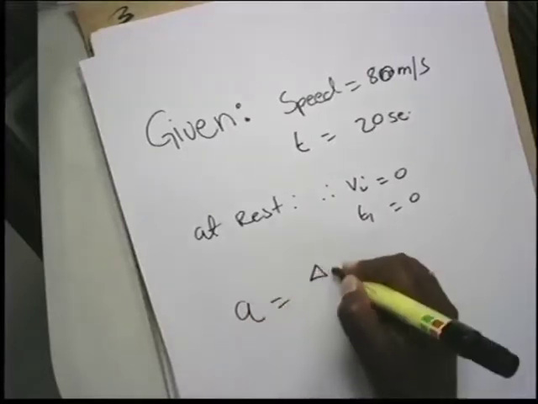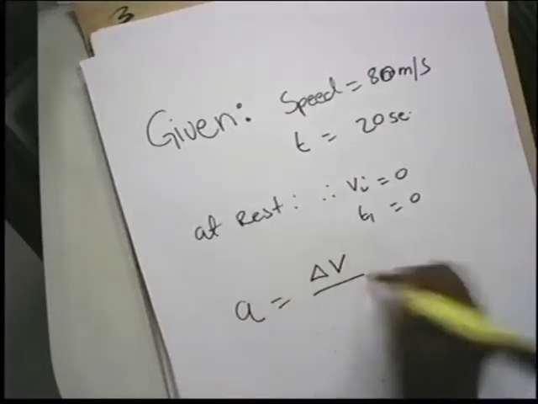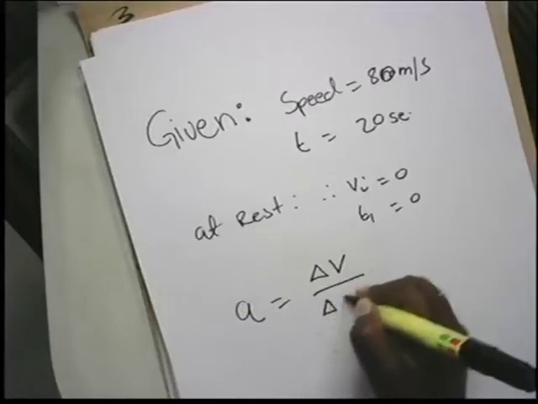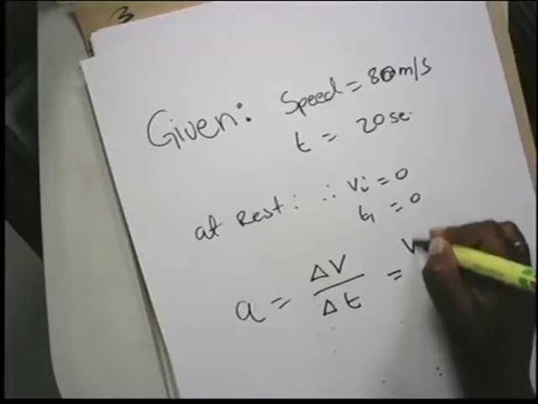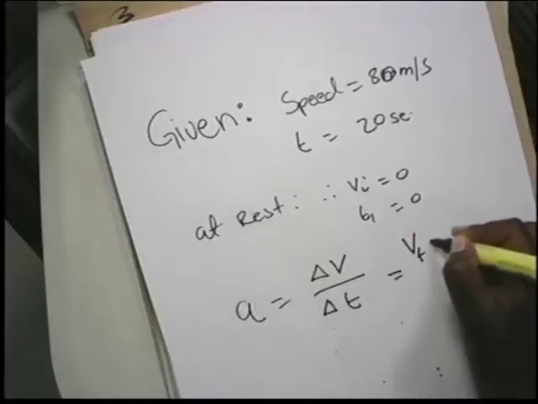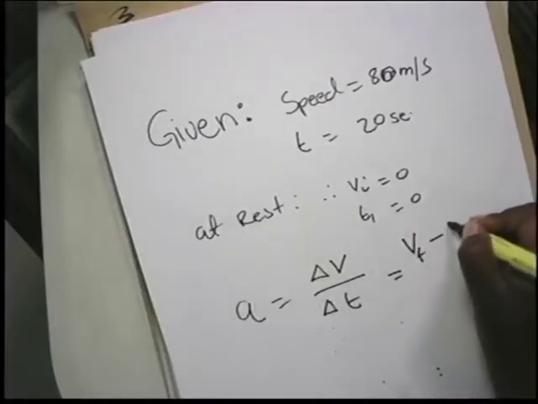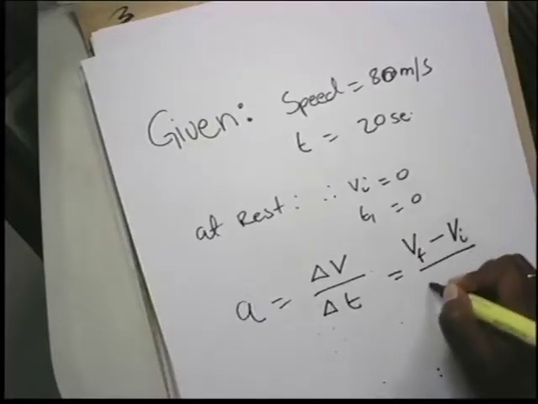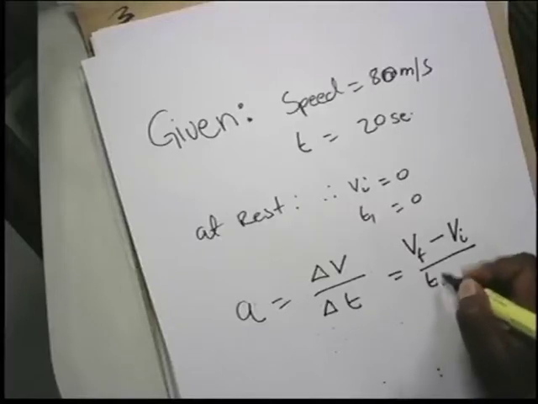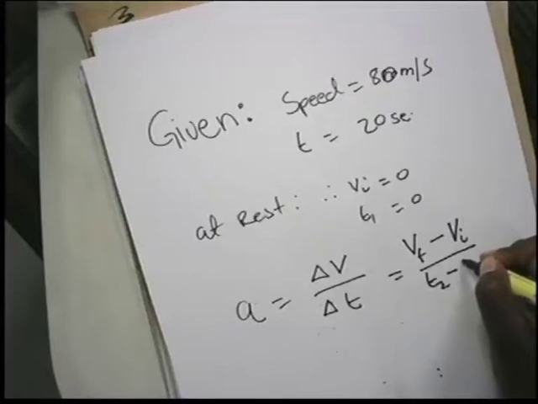Acceleration is given by the change in speed or velocity divided by the change in time, which is the final velocity minus the initial velocity, over the time at the end minus the time at the beginning.